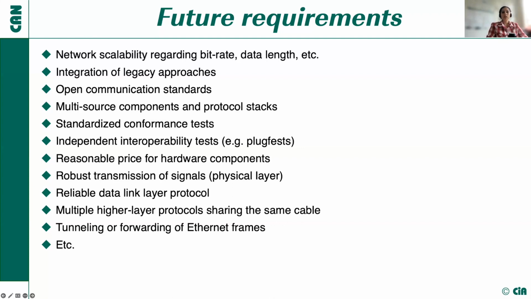We also need to prove that the devices which we develop are interoperable by means of independent interoperability tests, for example like FES. We also need a reliable data link layer protocol and robust transmission of signals, which is related to the physical layer, even when we have multiple higher layer protocols sharing the same cable.